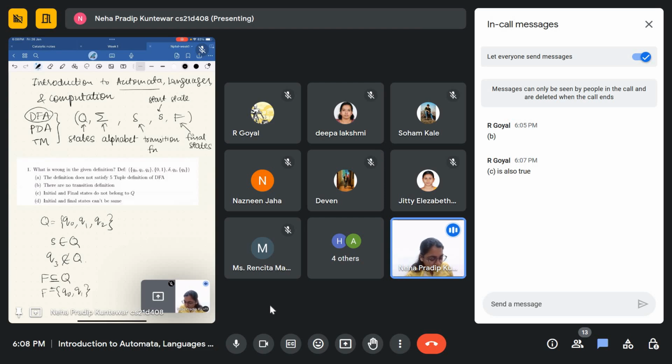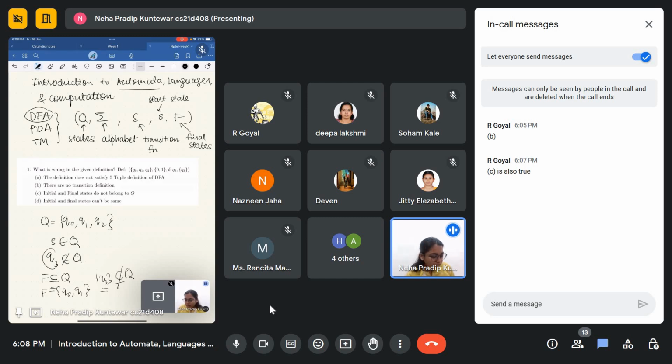But F cannot be an element which is outside the set Q. In this case, we've said that Q3 is the set of final states, but Q3 is clearly not a subset of Q. So what is wrong with the definition is that your initial state and the final states are not contained in Q.